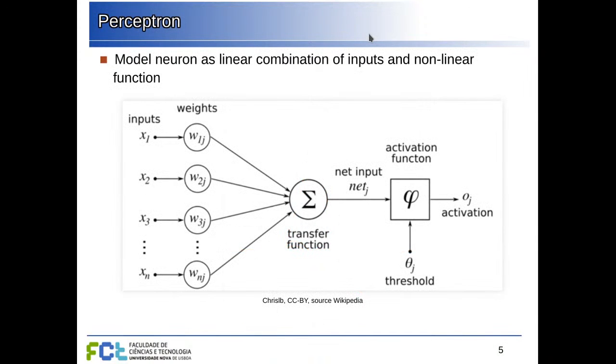We can model this mathematically by using the input. So this would be the equivalent of the dendrites, where we have the inputs here. We can calibrate how sensitive each input branch is with these weights that we can change. So each input value is multiplied by some weight, and then we have the weighted sum of all the inputs here.